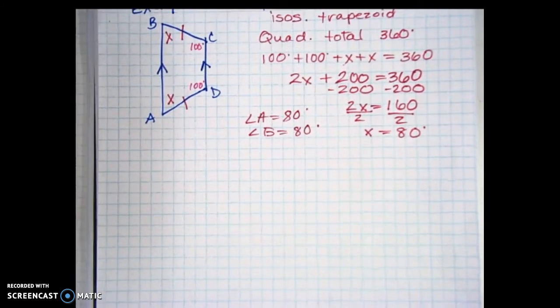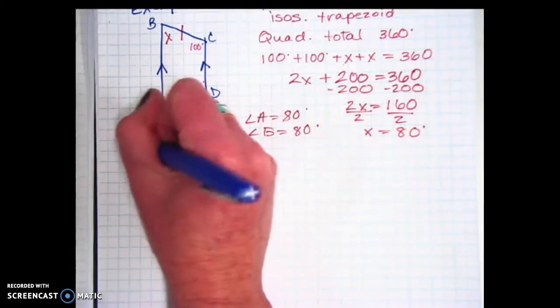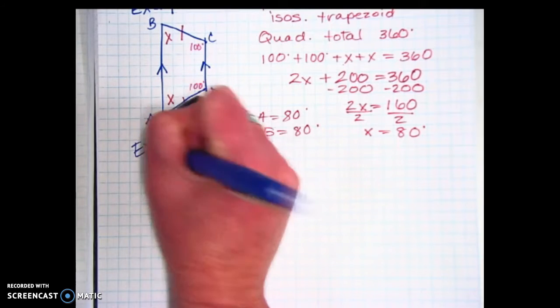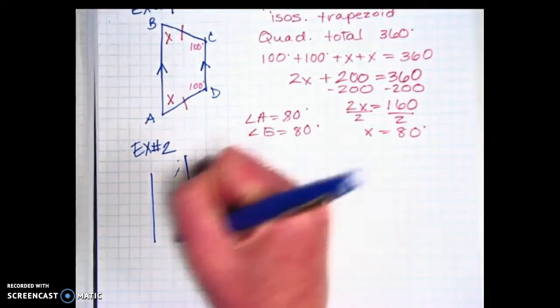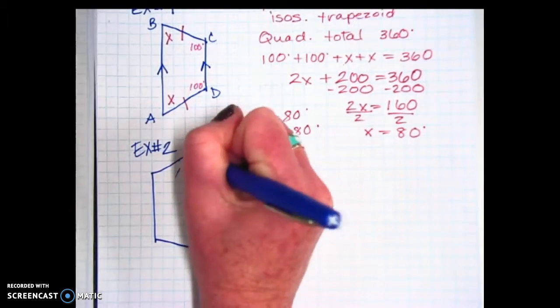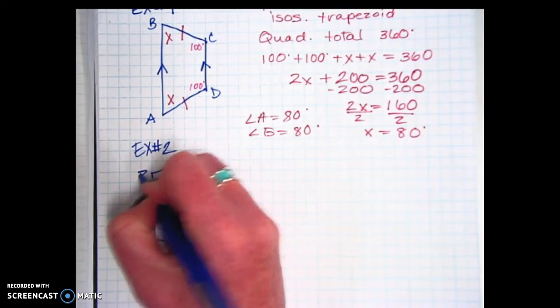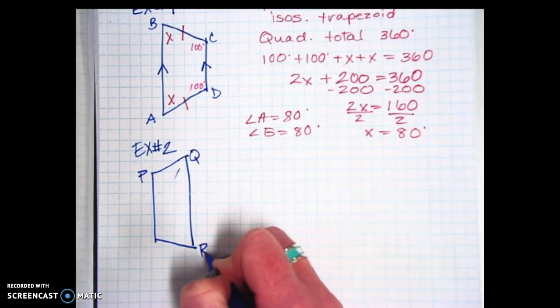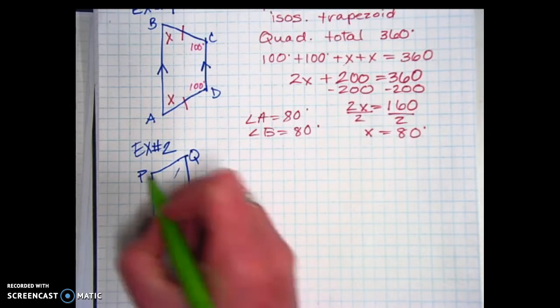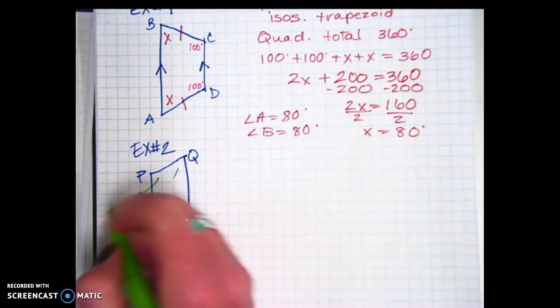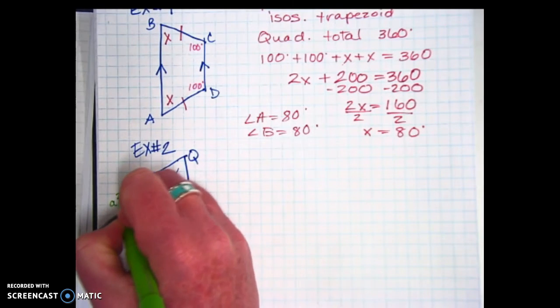So let's throw a little bit of algebra in there since it was so easy. Example number 2. Angle P right here is a squared plus 27.